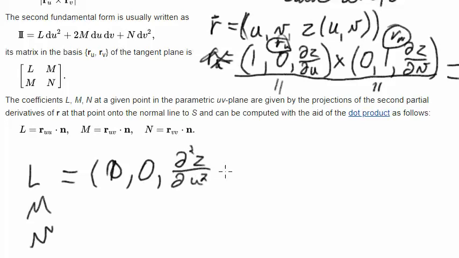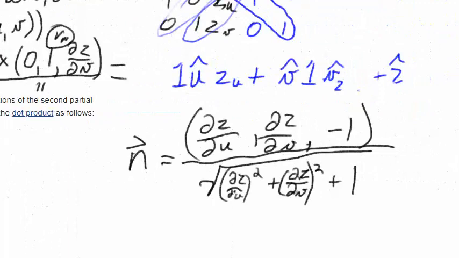This is kind of a curvature of z in the u direction. Then we take that dot producted with n. I'm going to save writing n for the end because n is kind of long, but I'll go ahead and do it now.